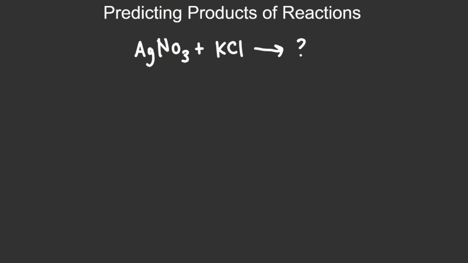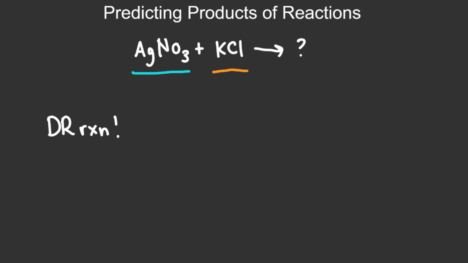So hopefully you took a moment to pause this video and find an answer that works. We're going to walk through it step by step. We have two ionic compounds reacting with each other. When two ionic compounds react with each other, it is what's known as a double replacement reaction. The cations are going to switch anions.